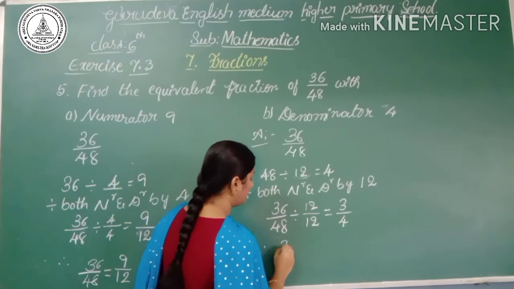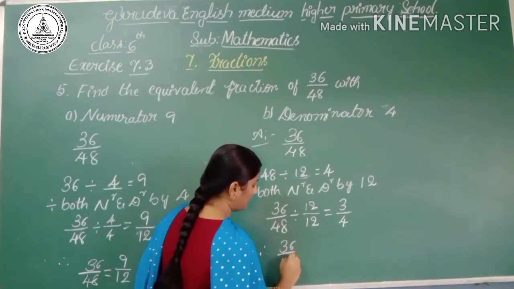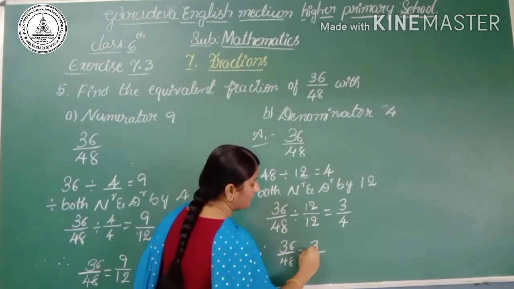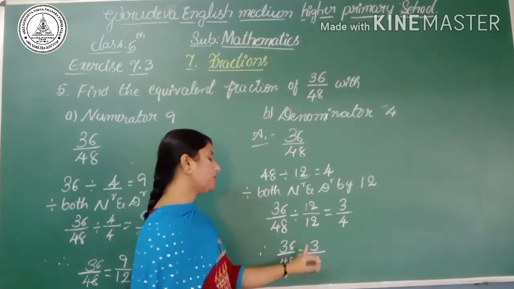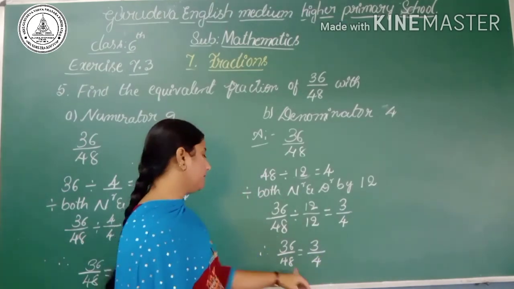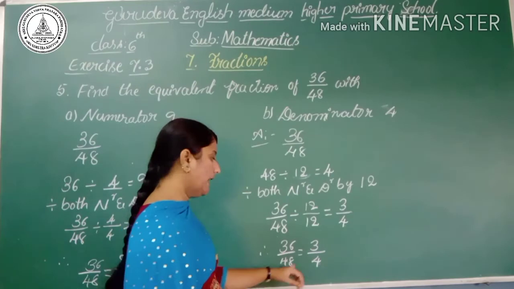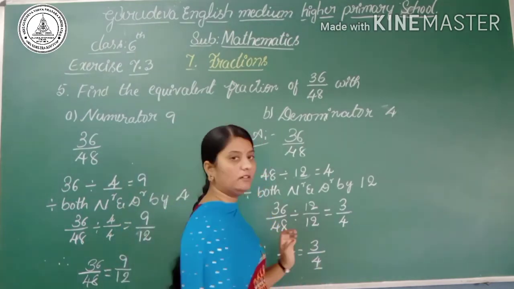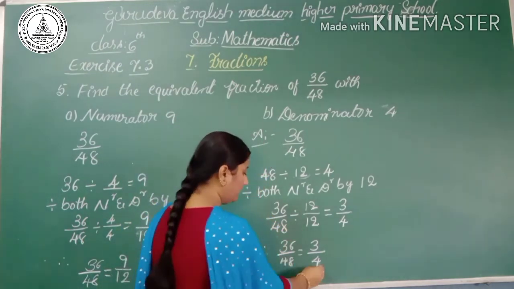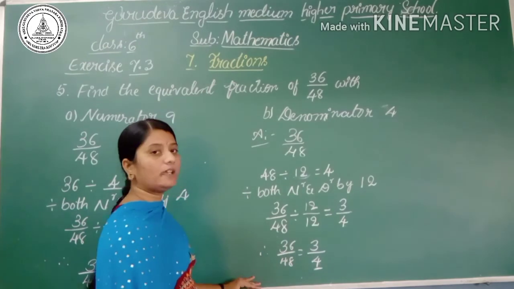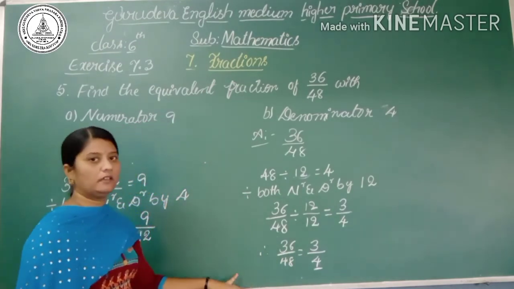Therefore, we can write 36 by 48 equals 3 by 4. So 3 by 4 is the equivalent fraction of 36 by 48 having the denominator 4. Okay, is it clear?